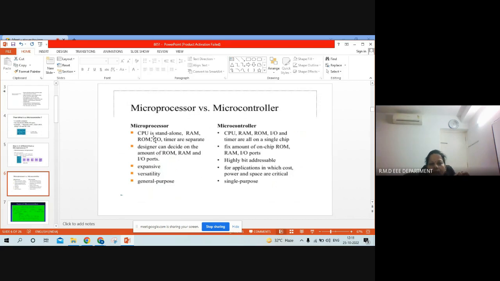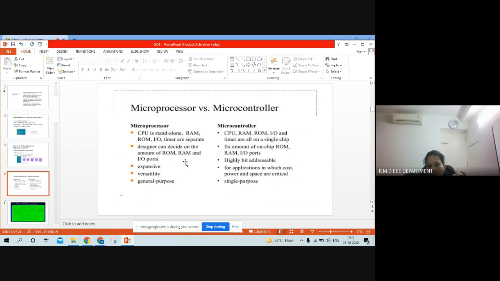In a microprocessor, the CPU is standalone and the RAM, ROM, I/O, and timer are provided as separate units, whereas in a microcontroller, all components like CPU, RAM, ROM, I/O ports, and timers are available on a single chip. In a microprocessor, the designer can decide the capacity of ROM, RAM, and I/O ports, whereas in a controller, since everything is already on a single chip, we cannot decide the capacity of the on-chip ROM, RAM, and I/O ports.